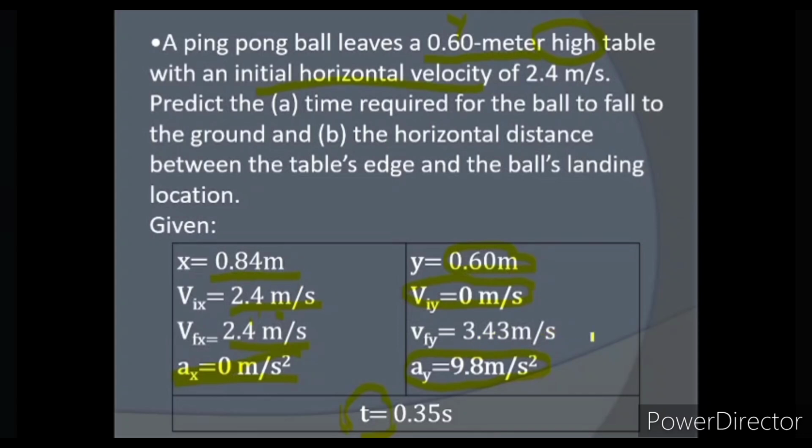Then, alamin din natin yung ating final velocity ng ating bola in a vertical component. So let's try to solve this one. Kailangan nating palabasin yung 0.84 meter, yung ating time na 0.35 seconds. Paano ko yan nakuha? And then yung ating final velocity sa ating vertical component.